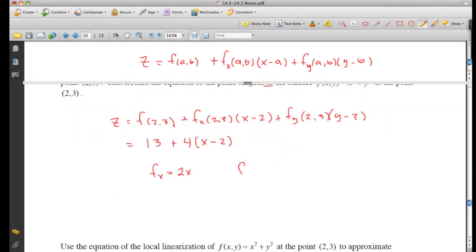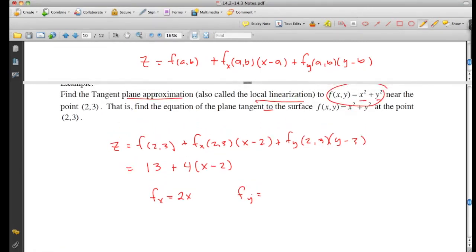Partial derivative with respect to y is just 2x, or I'm sorry, 2y. And 2y, when x is equal to 2 and y is equal to 3, that's just going to give me 6. So plus 6, and then y minus 3.